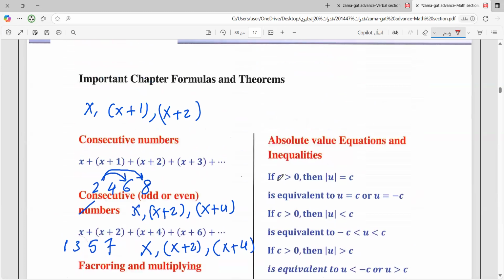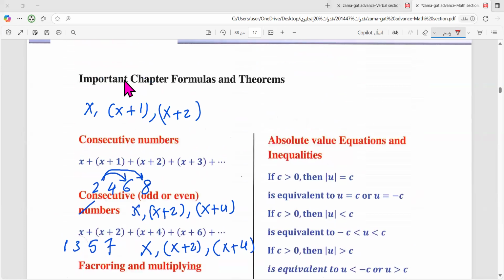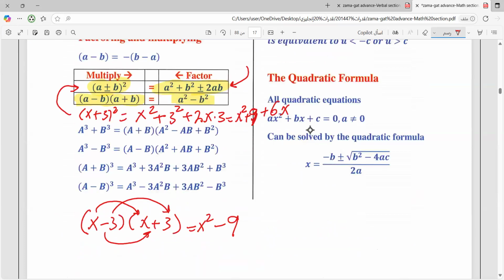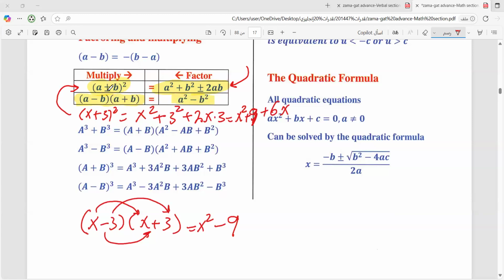Good. Okay, absolute value. What's the absolute value? You know what it means? No, sir. We won't do the last one. The last one is down: a squared plus b squared. What is it? No, the one that is down, below the box.